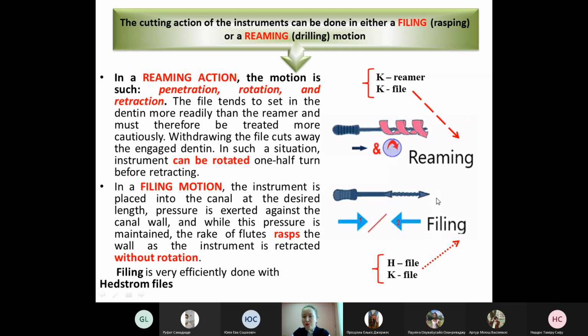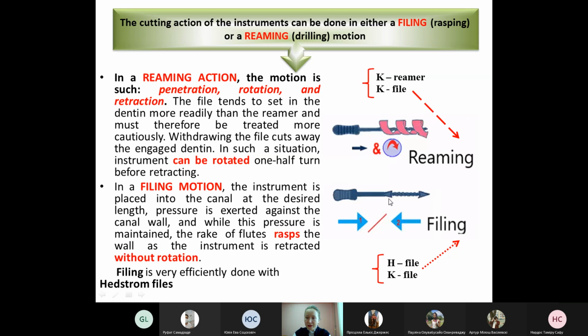So just a pull motion, pressing to the wall of the root canal, and only in this way is the debridement done. So K-reamer and K-file work in reaming; H-file and K-file work in filing. Pay attention, K-file can work both in reaming and filing motion.